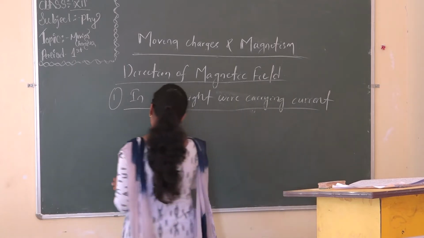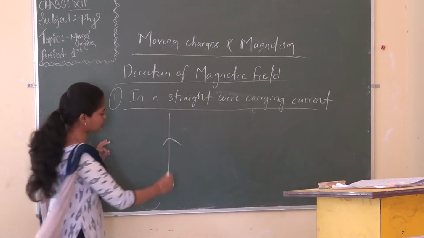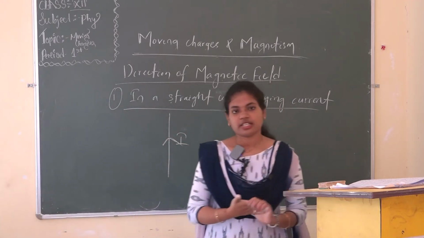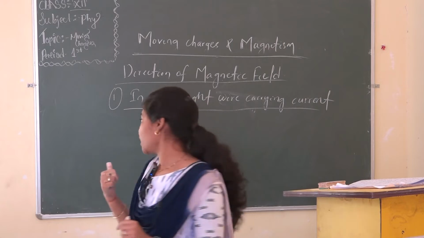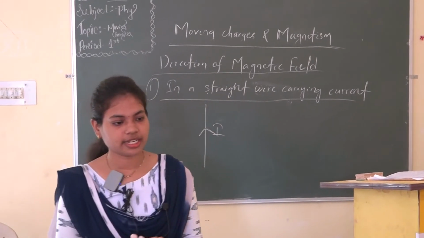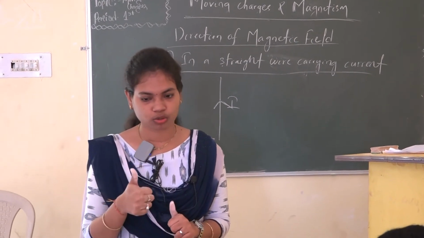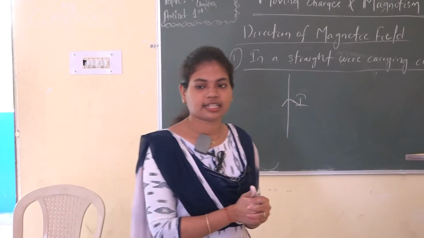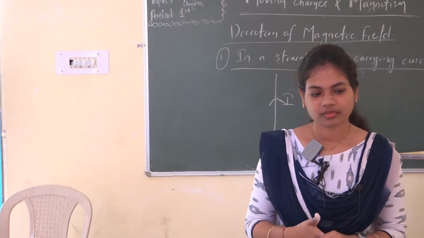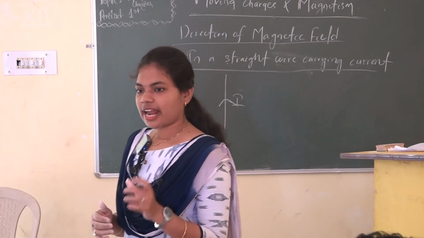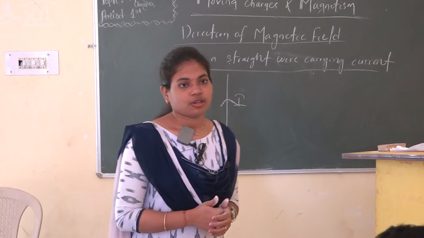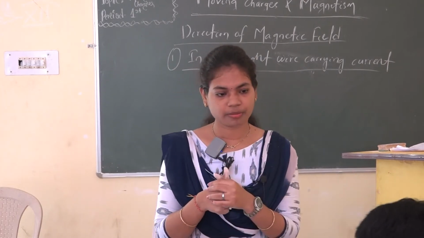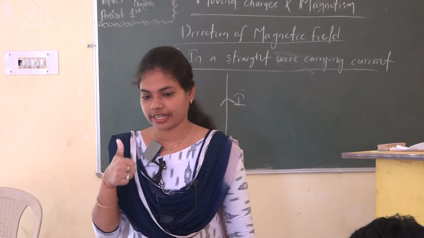Suppose this is a straight wire which carries current I. The direction of magnetic field in the case of a straight wire carrying current is given by the right hand thumb rule. What is that right hand thumb rule? The thumb represents the direction of current in the right hand.